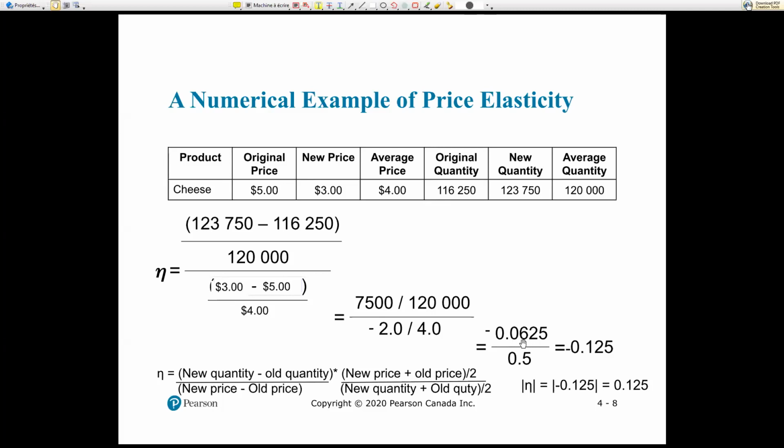Yeah, 0.06 multiplied by 2. So divided by 1/2 is like multiplied by 2. So 0.06 multiplied by 2 is 0.12. It's good to always be skeptical of calculations and do them yourself.